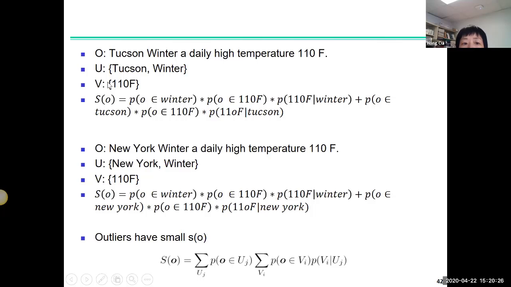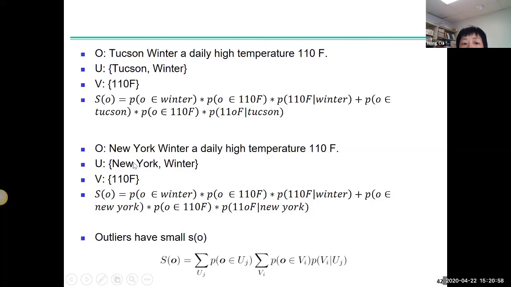Our behavior attribute is 110 Fahrenheit. Following this formula, we are going to compute this score as this. So the probability of this observation occurring in winter has this degree, times, given winter, we have this degree. So this is context, this is behavior, and times the other context. The other context is Tucson, and same thing. And we can compute a score.